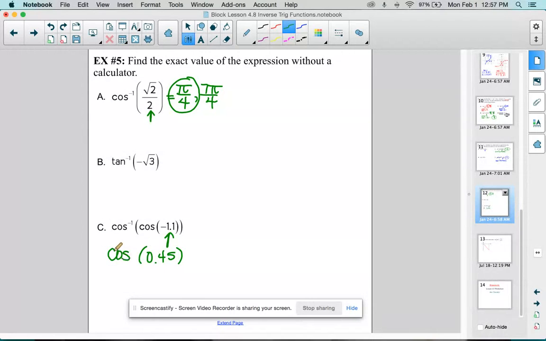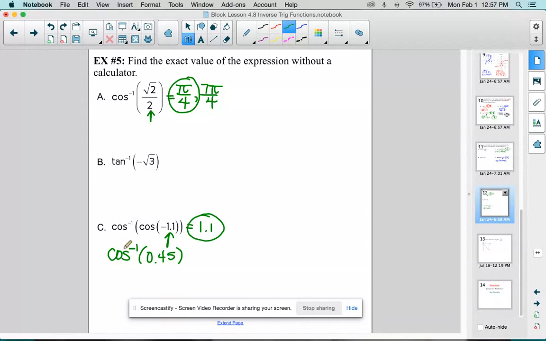And then you would want to compute the inverse. So you're going to check: is 0.45 in the domain of inverse cosine? Yes, it is. So you'll compute the inverse cosine, and you would get 1.1 again, okay?